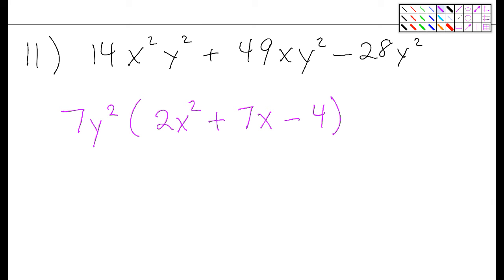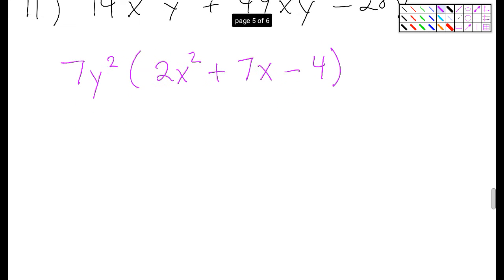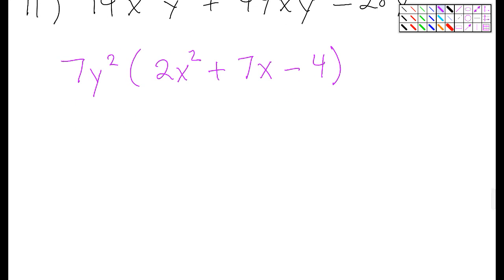And here's an example of where we have to use what I call the British method. First, we multiply the 2 and the minus 4, and that's going to give us minus 8. Now we come up, just like we did before, with factor pairs. So 1 and 8.